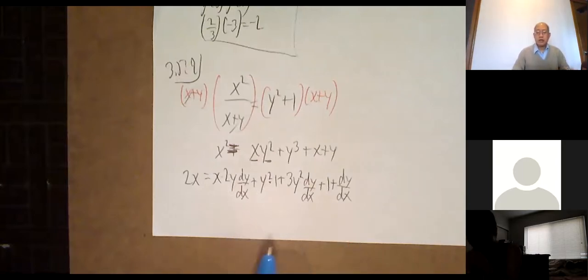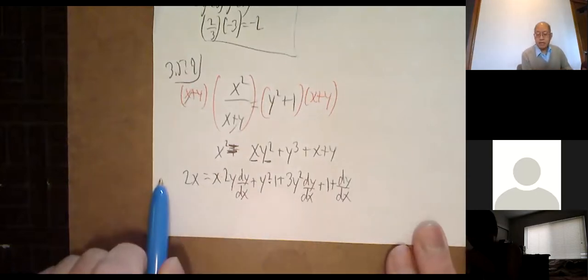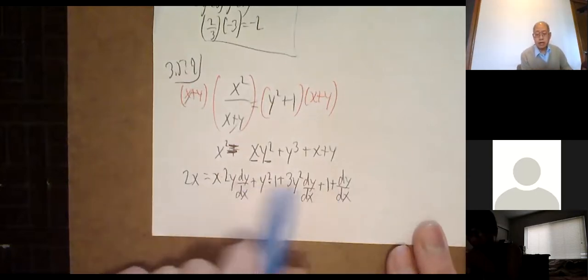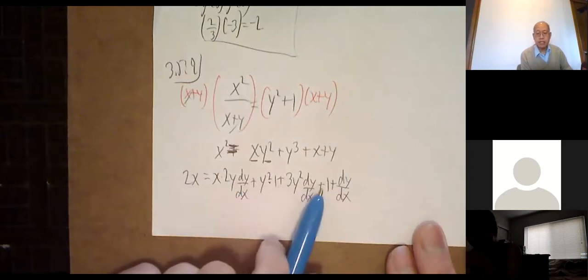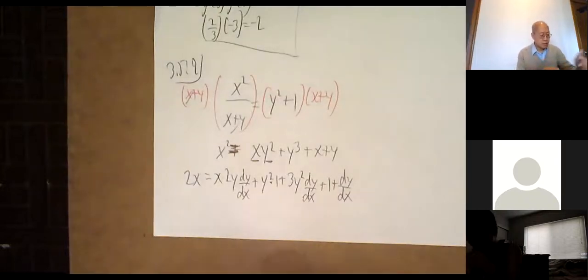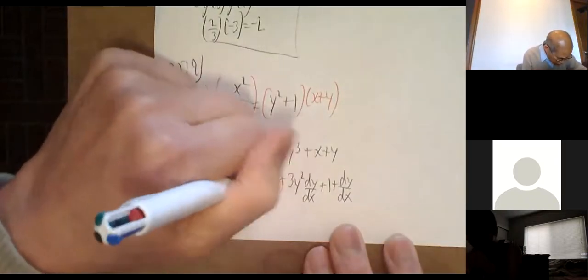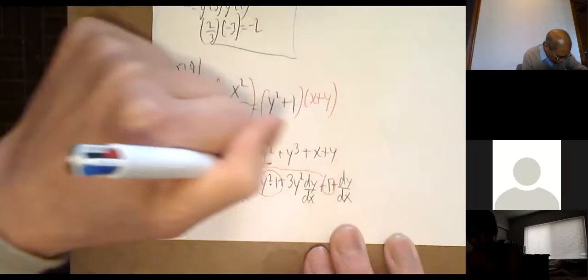Everything that does not have a dy dx comes on the left side. You say, can I move all the dy dx's to this side? Yes, but then they'll all be negatives. I'm trying to avoid as many negatives as possible. They're already all positive. So I'm going to leave the dy dx on the right-hand side and move to the left side anything that has no dy dx, which is y squared and 1. So these two are going to jump all the way over here.